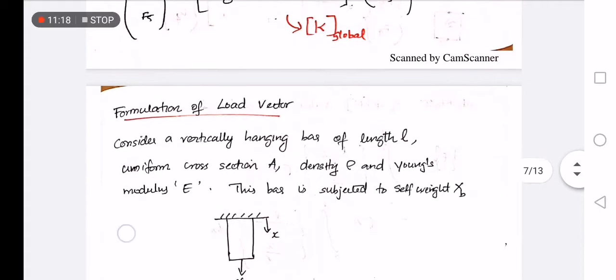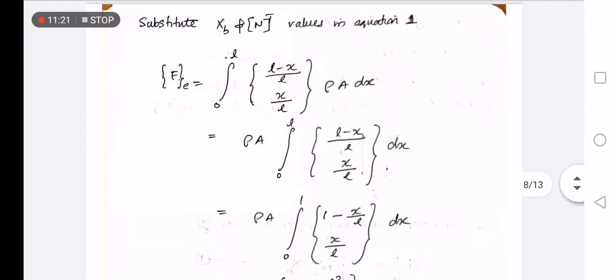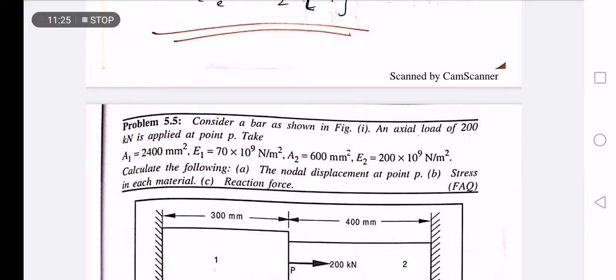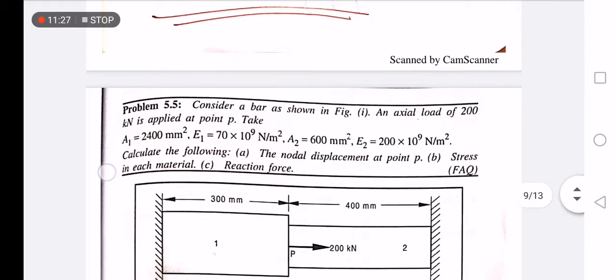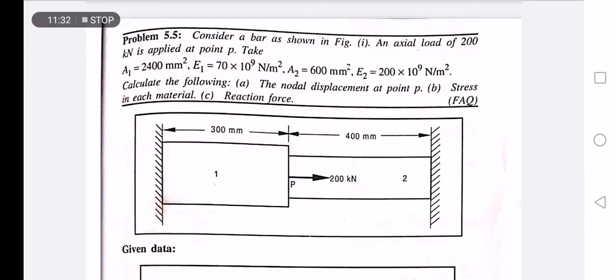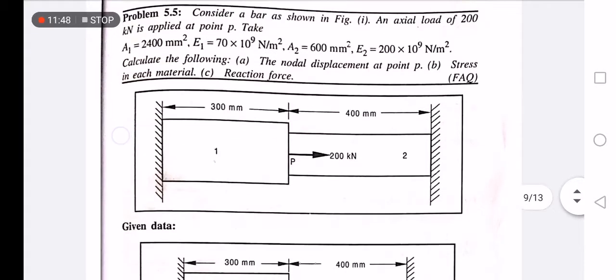The confusions will be over when we discuss the problem. We will discuss one simple problem, and a similar problem you can find in textbooks and the notes. Let's consider a bar. An axial load of 200 kilonewton is applied at a point P. The area of element 1, Young's modulus and area of element 2 and its Young's modulus are given.